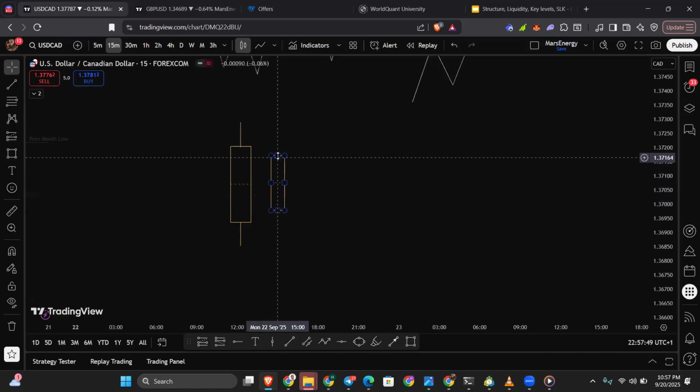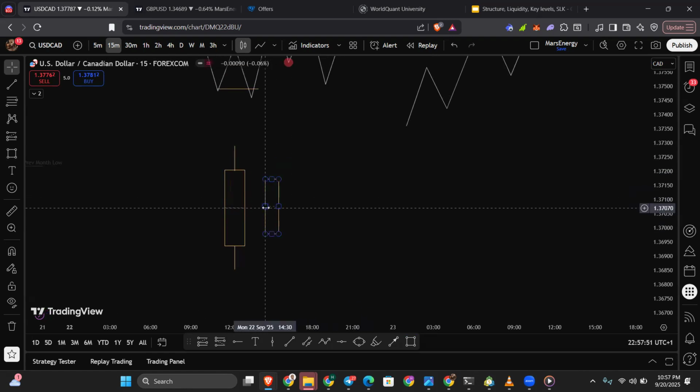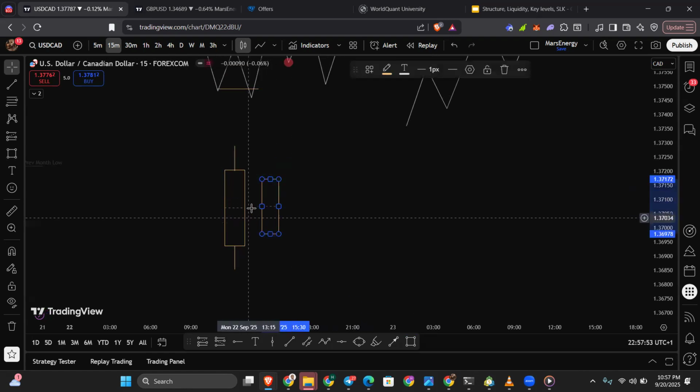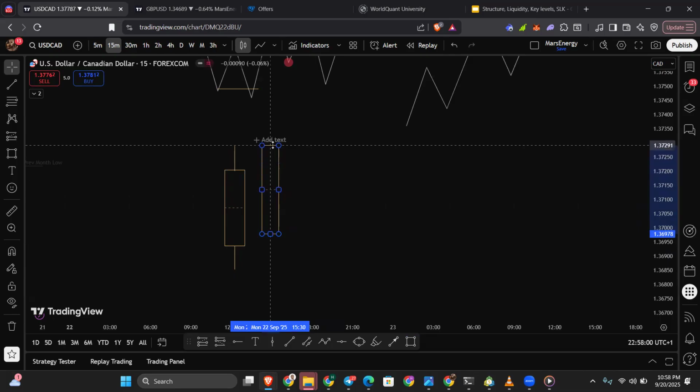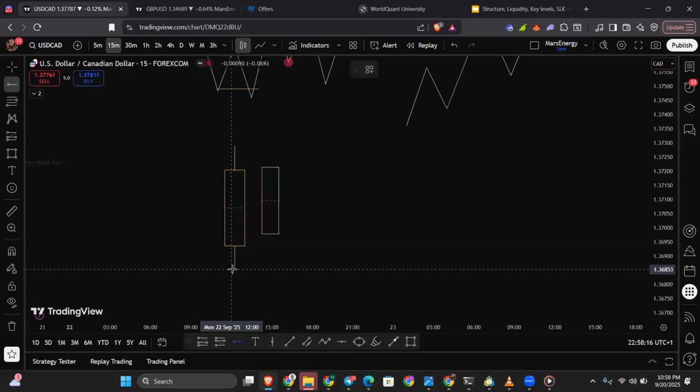Now, for all things being equal, based on how price is delivered, this current candle is supposed to close above this other candle that has finished forming. But the moment you see that this current candle did not close above this, it's just within the range, because when we are talking about range, we are talking about the high.